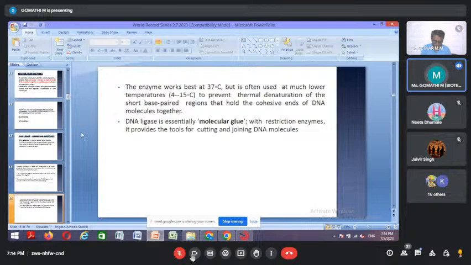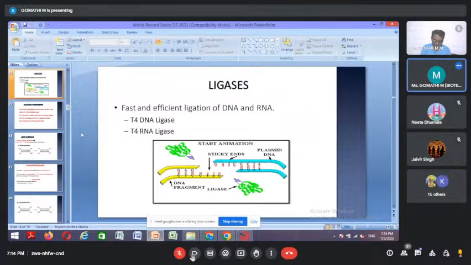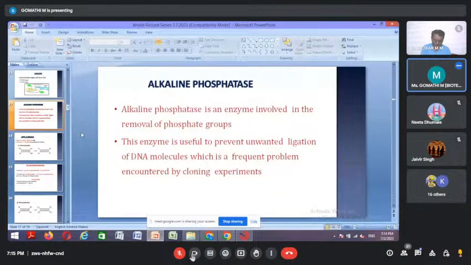It provides the tools for cutting and joining DNA molecules. Most commonly used ligase enzyme for any experiment is T4 DNA ligase, and for RNA, it is T4 RNA ligase. The next enzyme is alkaline phosphatase.